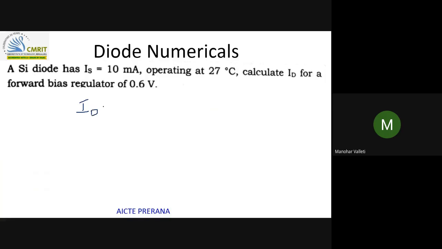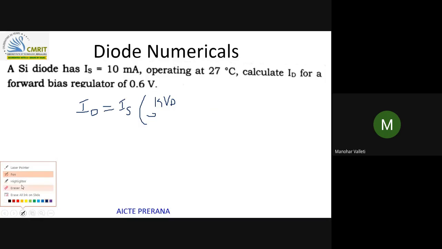I_D equal to I_S into... Solve this and tell me the answer.